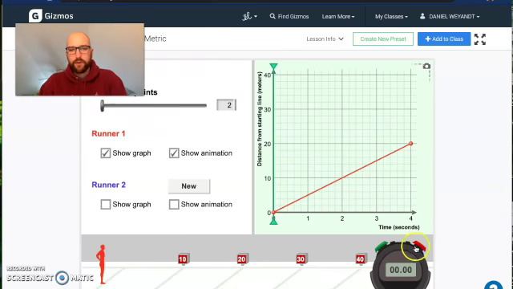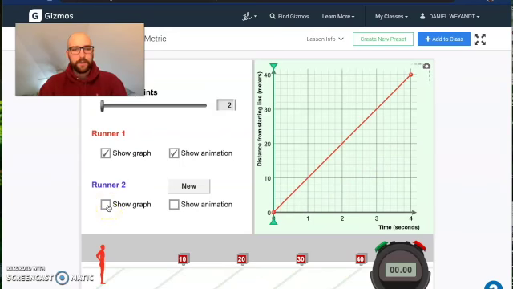Now we're going to push play and see what happens when the runner goes just 20 meters in 4 seconds. Did you say that it was going to be faster or slower or the same? I hope that you said it was slower, because as we can see from that graph, the red person went much slower.